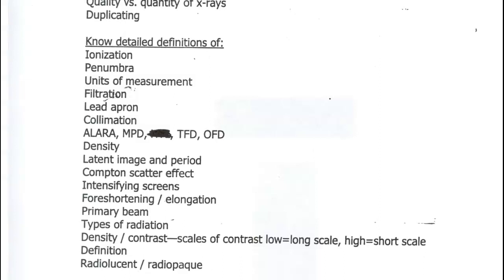Lead blocks, or another word you may see in the exam is attenuate. Attenuate means that it stops or blocks it. So lead is going to stop or block the x-rays. So instead of filtering out weak x-rays like the filtration, collimation actually restricts the size and shape of the beam. So just make sure you're familiar with those two terms and how they're used for safety purposes.